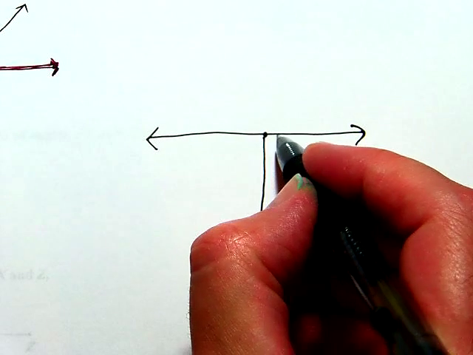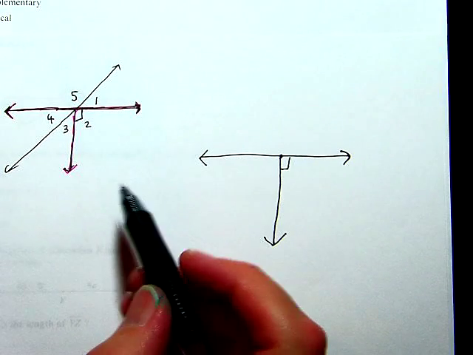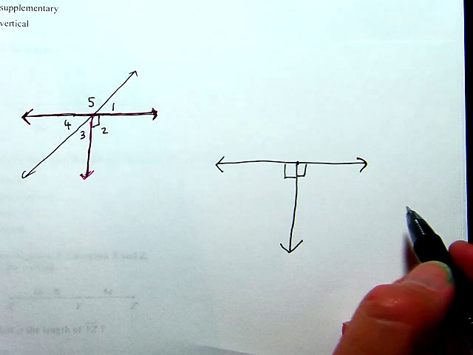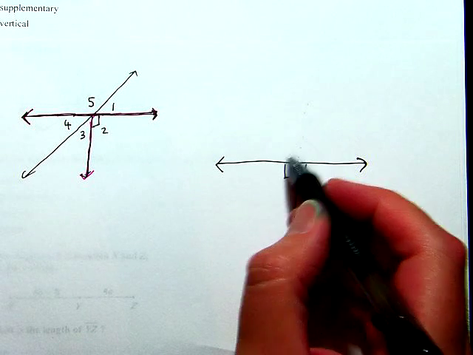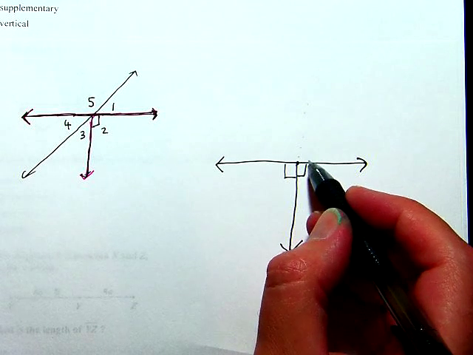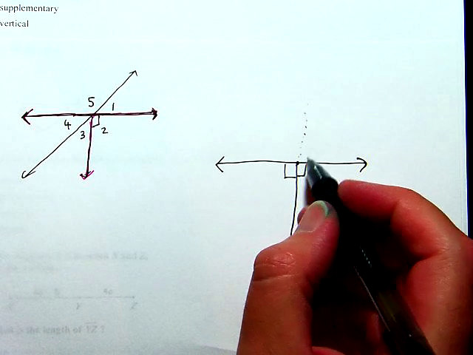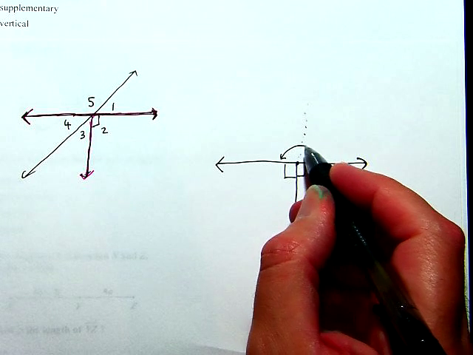This is a right angle, which is what we're given over here. This is also a right angle. However, if this was a line and it went all the way through, it would have two more right angles here, right? If this ray continued into a line. But it doesn't. Its end point is on this line, so this is actually a straight angle.